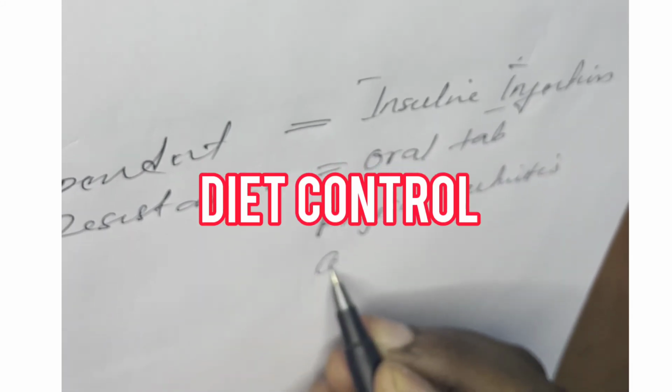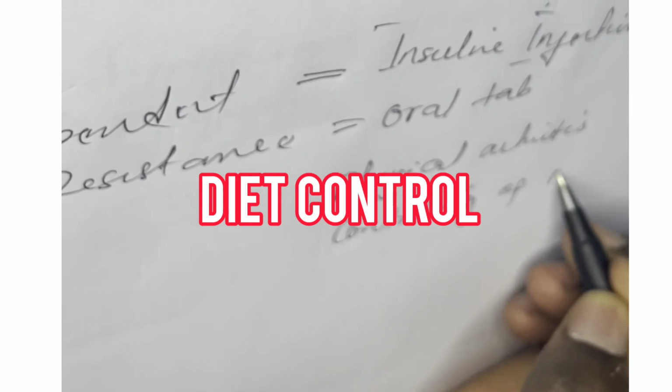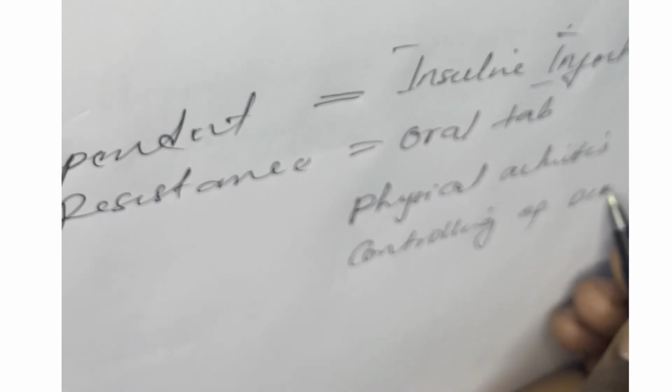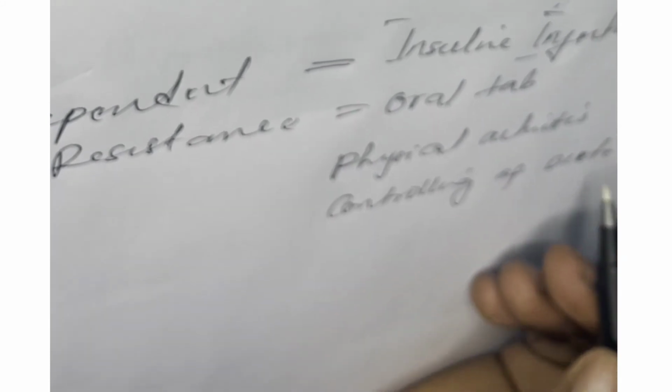And then also controlling your diet. When you control your diet, you know what to eat, something that will make you healthier, and that also helps. And there are many things that we can use in order to manage this.